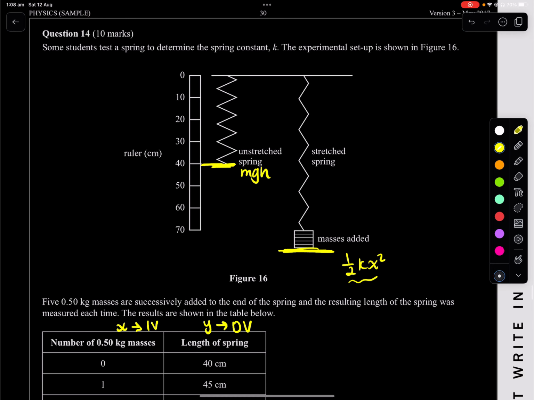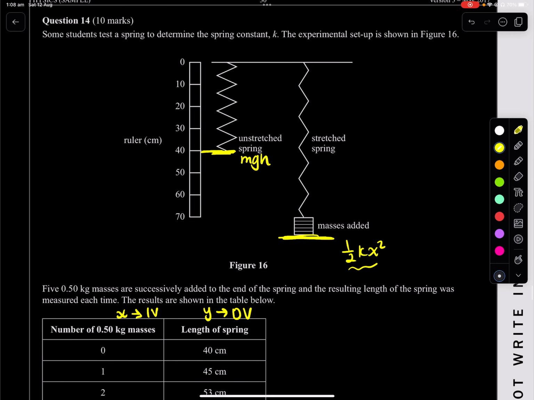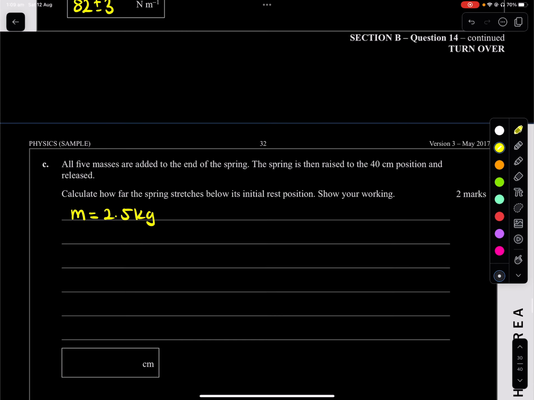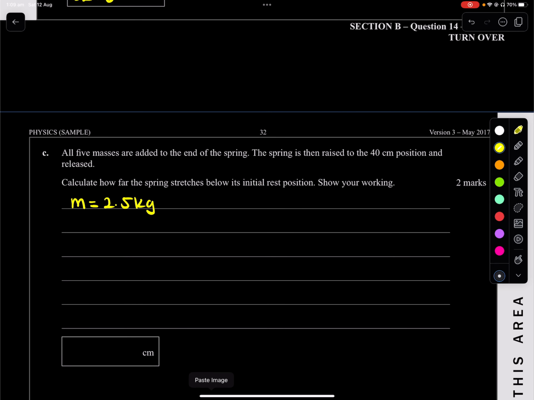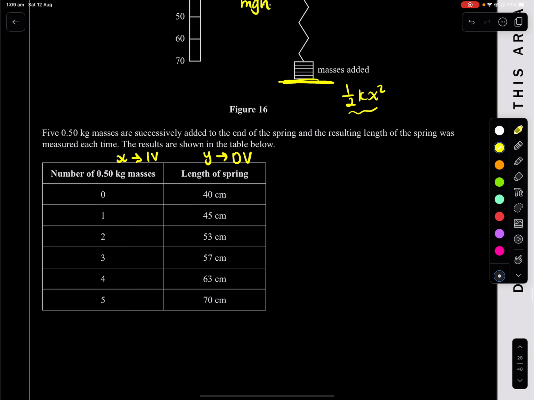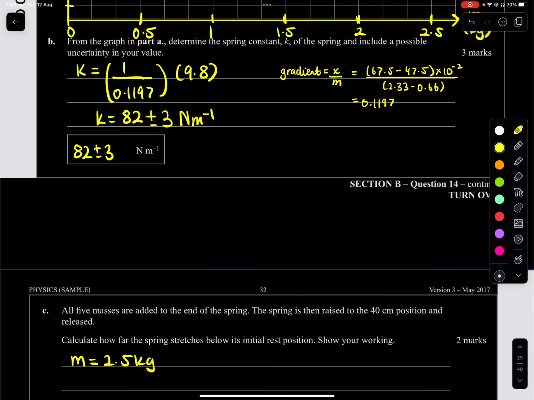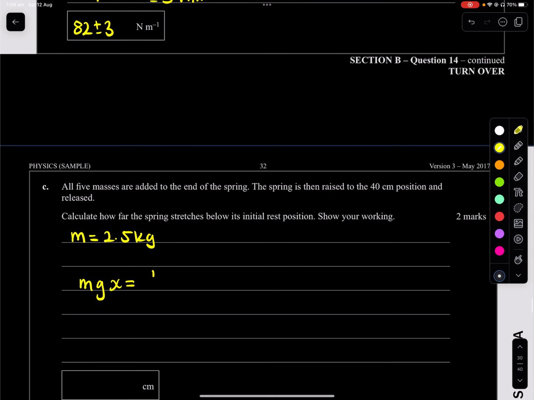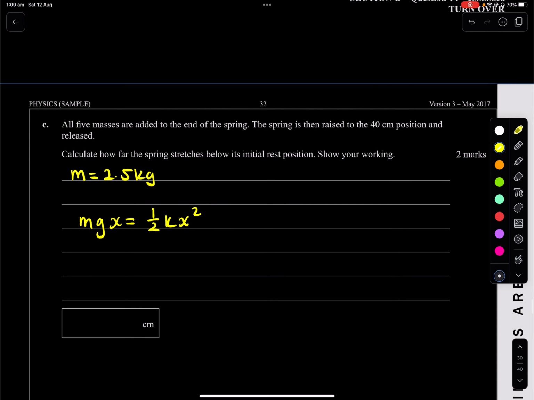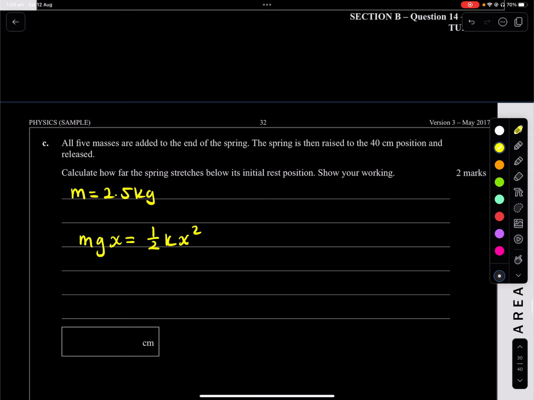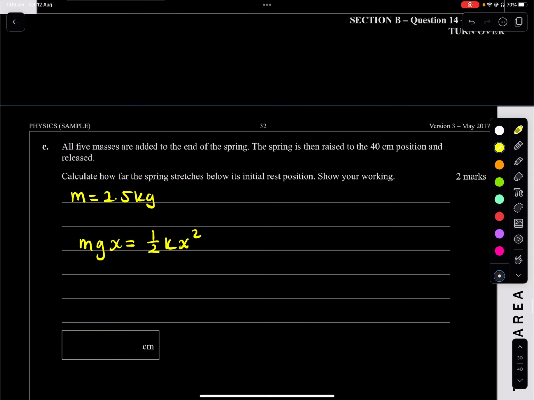So equating both of these, our h value is just x. So we're saying mgx equals half kx squared, and we want to find x.